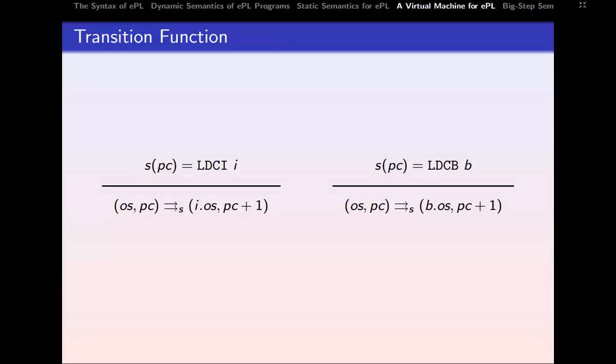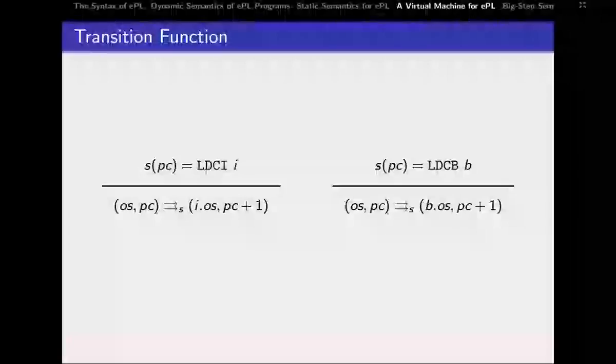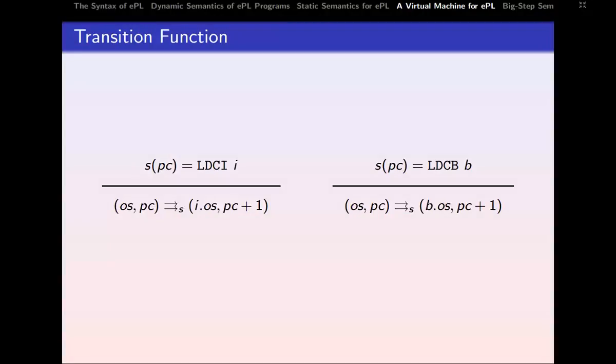So if the current instruction is LDCII, right, then we can say that the operand stack and the program counter pair transitions into a new stack and a new program counter, right? The program counter will always be PC plus 1 for this case, right?